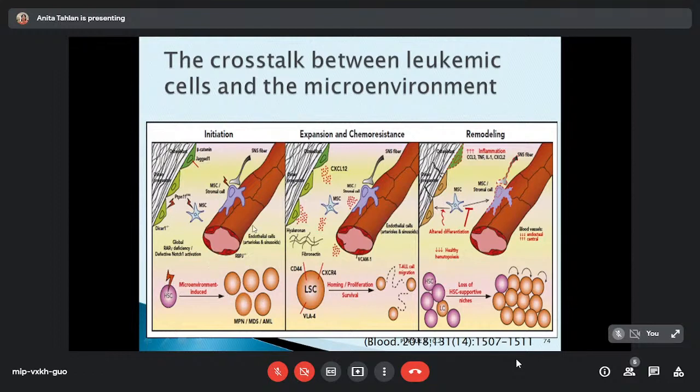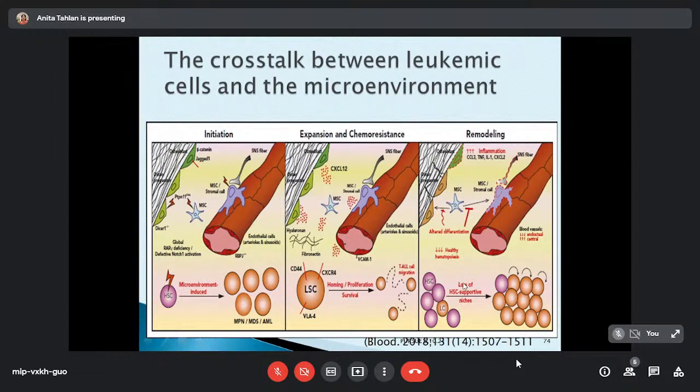When from initiation, it goes on to expansion and chemoresistance states, it co-opts the mechanisms of the normal hematopoietic cells. So a normal hematopoietic cell utilizes CXCL12 and all. So it utilizes them for its expansion and preservation.